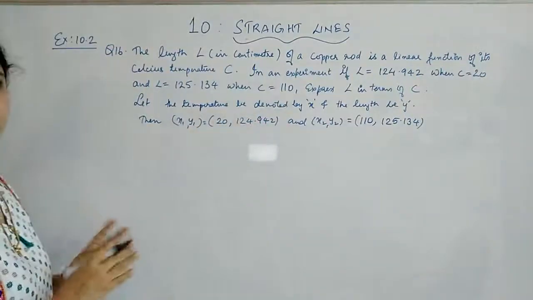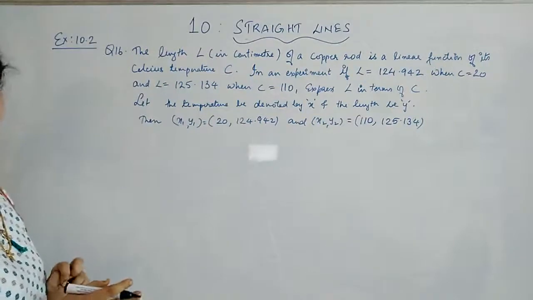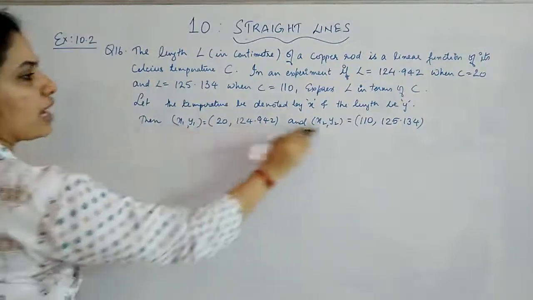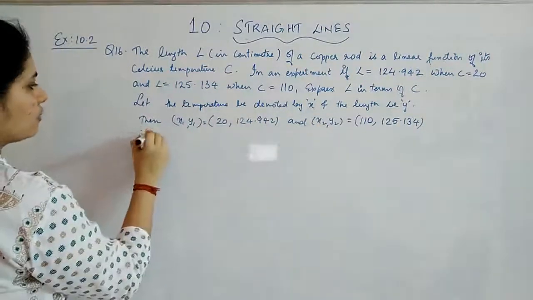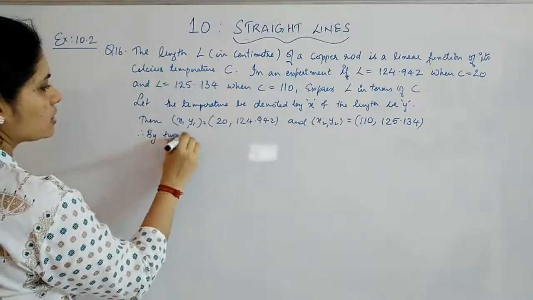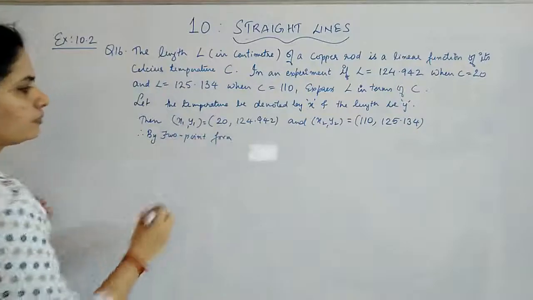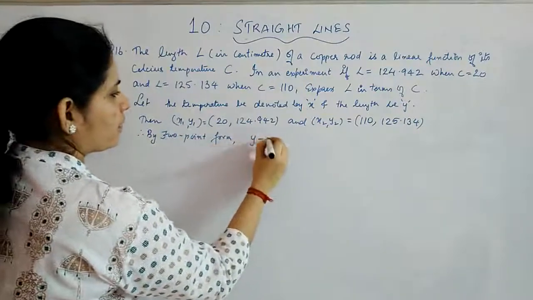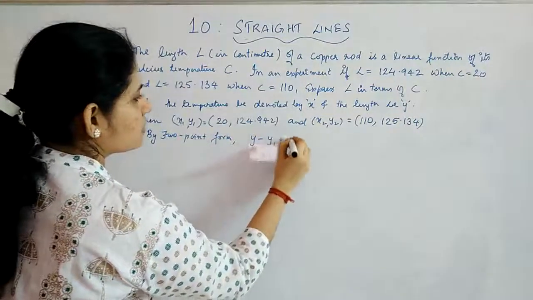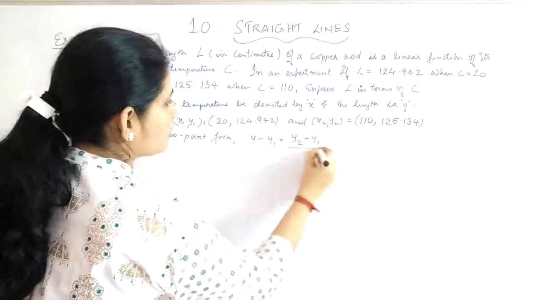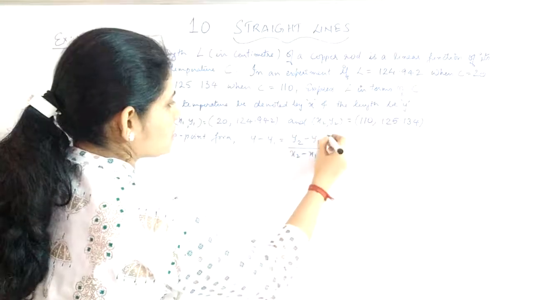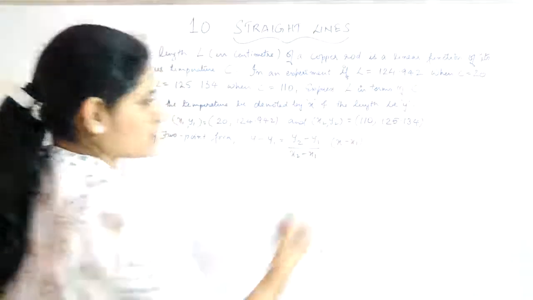So in order to get the relation connecting x and y, you can use the 2-point form because you have 2 points here. Okay, therefore by 2-point form, y minus y1 is equal to y2 minus y1 by x2 minus x1 into x minus x1.